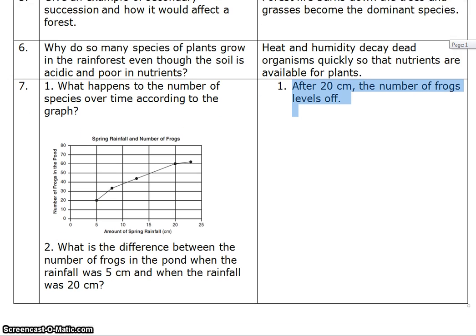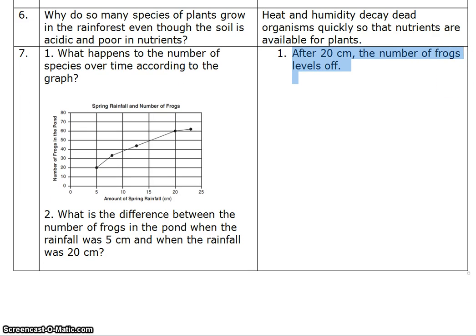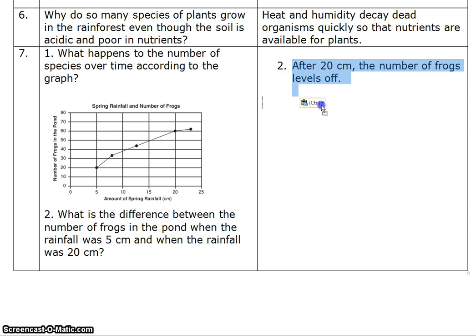And the second part of that question says, what is the difference between the number of frogs in the pond when the rainfall was 5 centimeters and when it was 20? So at 5 centimeters, it's 20 frogs. At 20 centimeters, it's 60 frogs. So the answer to that, whoops.